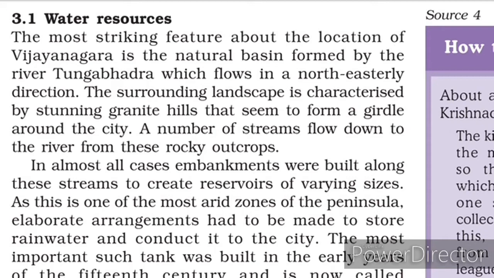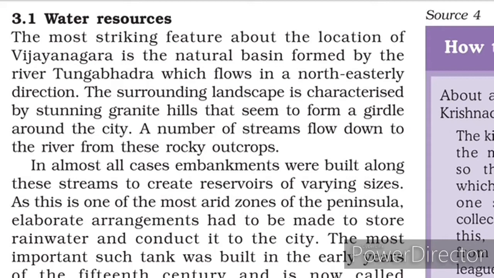Wherever the river goes, they could not just cut a canal or channel and bring it to the village or to one area. Instead, they constructed tanks of different sizes in different areas. In the early years of the 15th century, one important tank was built. At present it is known as the Kamalapuram tank.